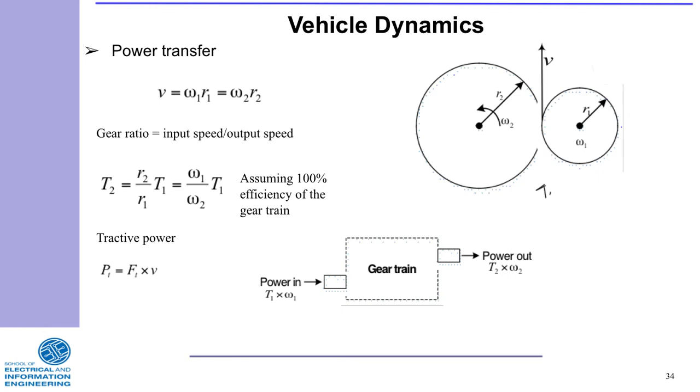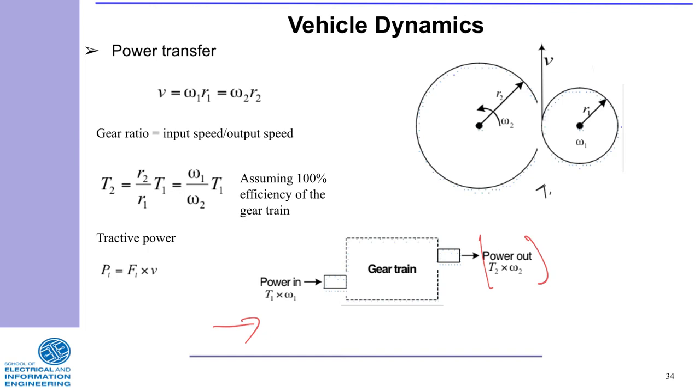If we're looking at gears, basically gears have an input to the gear train and an output. In our case, the output is what we are experiencing at the wheel. The input is the propeller itself, the internal combustion engine or the electric machine.